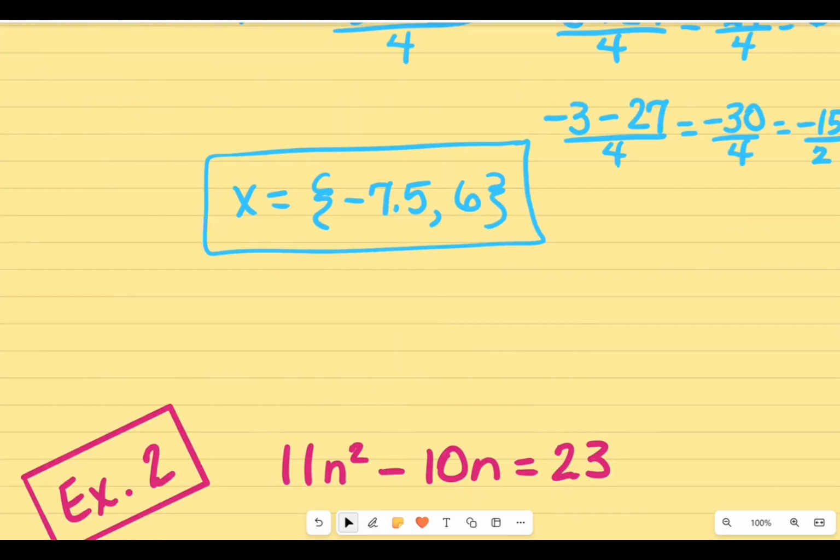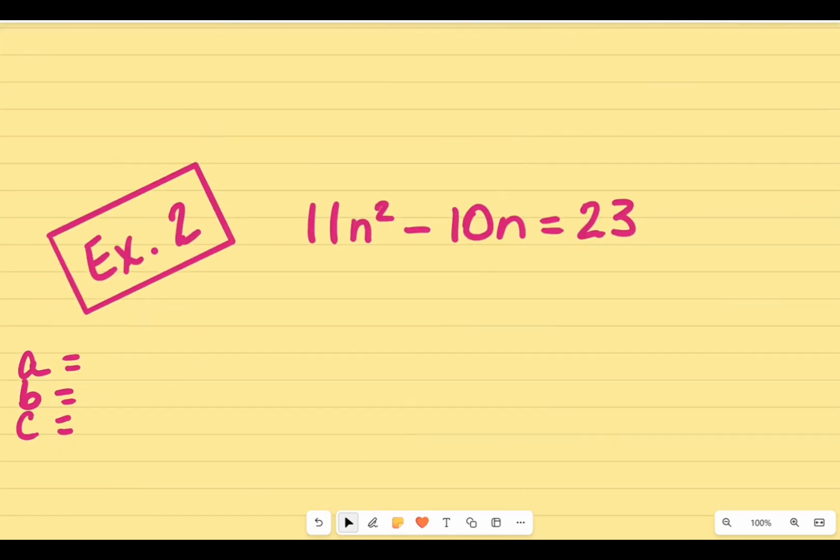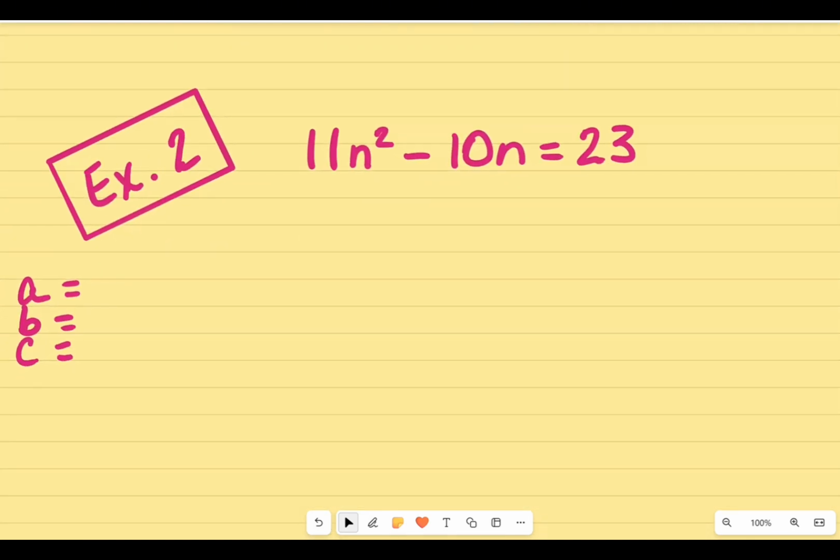For example 2, we'll notice it's still not in standard form. So let's just go ahead and rewrite it, meaning we're going to move this positive 23 over, that's our constant, and we're going to have to change the sign. So 11n squared minus 10n minus 23 set equal to 0.